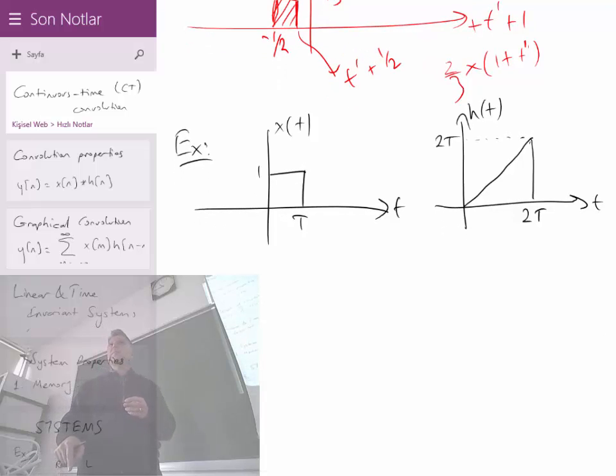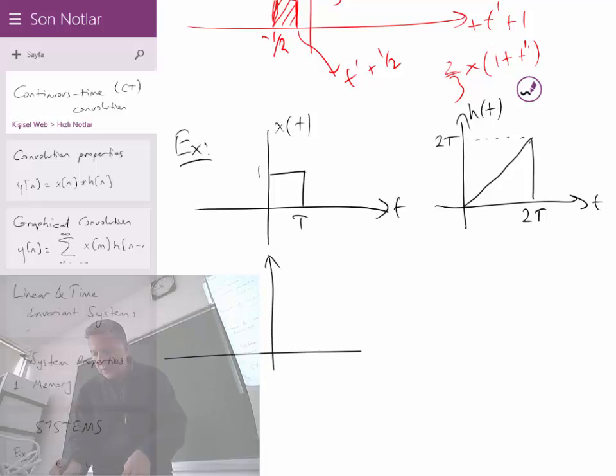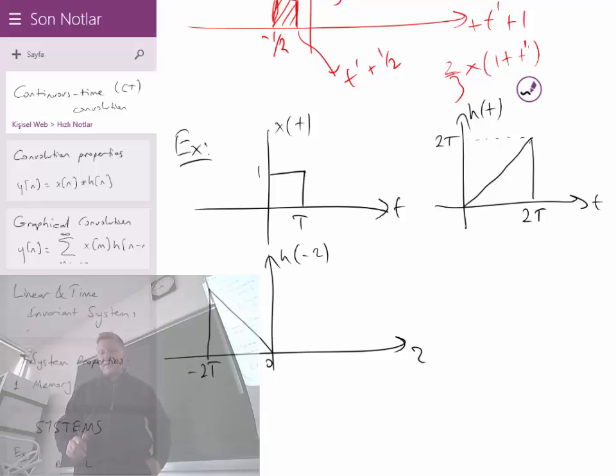Now, here, for example, it's not the midpoint of these boxes or triangles that we have to consider. I'm again taking a look at the origin. For example, if I flip around this h of t, it will be like this, right? h of minus tau on the axis of tau, and this is minus 2T, and this is 0.